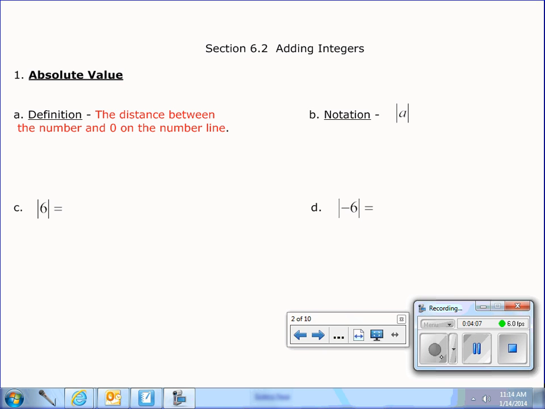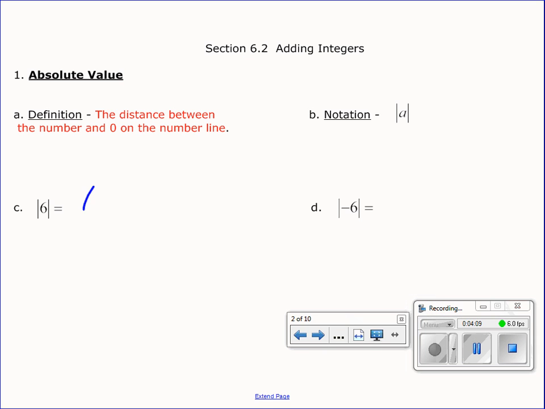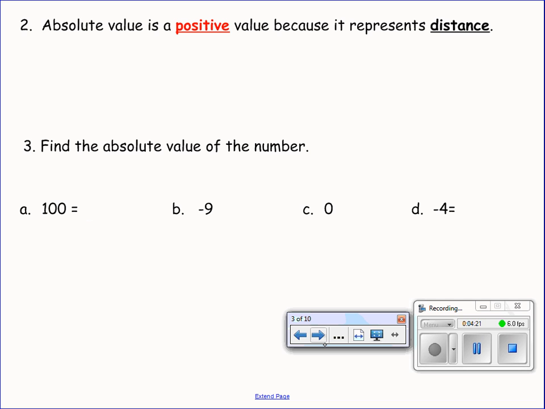So the absolute value of 6 would be 6 because it is 6 tick marks or 6 spaces from the 0. The absolute value of negative 6 would be 6 as well. An absolute value is a positive value because it represents distance. So in number 3, we're going to find the absolute value of the number.